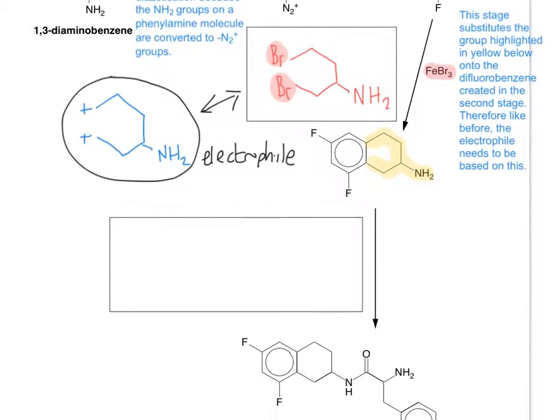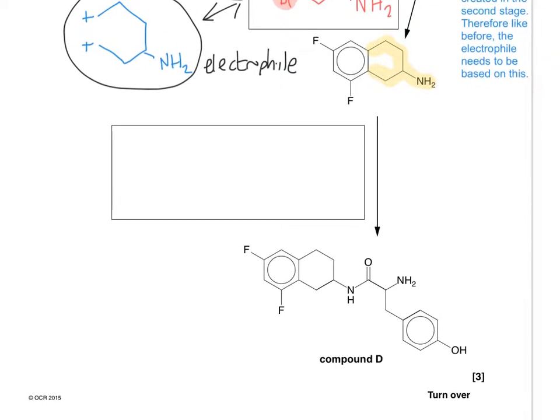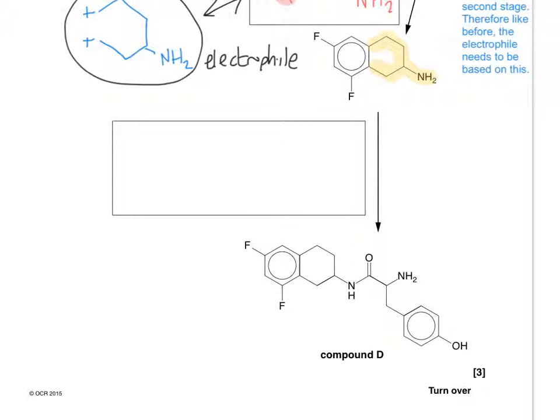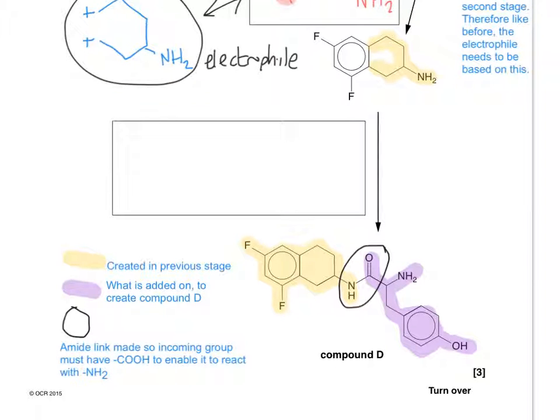Right. So we're almost there. There's 3 marks available in total, so obviously 1 mark for each of the correct reagents. This is our 3rd mark we're getting now. So let's now have a look at the compound we're supposed to make. So what I've attempted to do here is to highlight the different parts of compound D that you need to be thinking about.